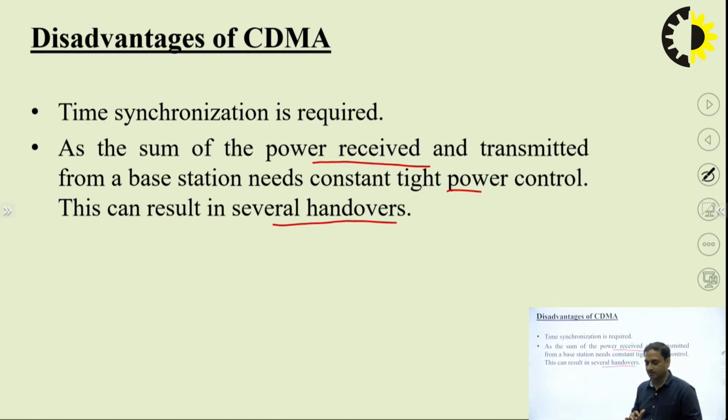This is a very big disadvantage of the CDMA system, where the MTSO has to continuously check the handovers, and call termination will occur frequently. That is why the advancement of different evolutions occurs in 1G, 2G, 3G and so on.